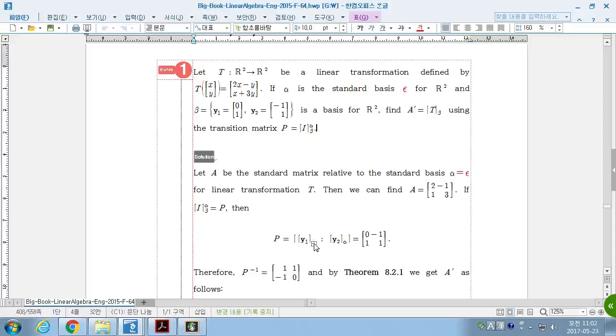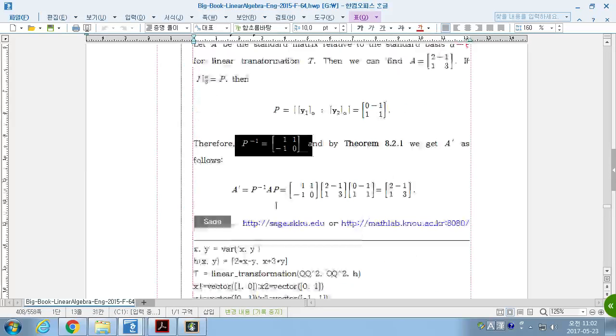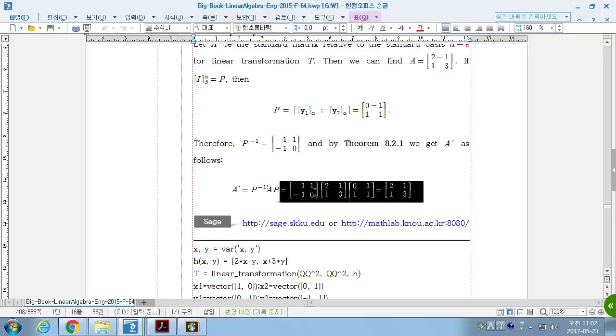Since alpha is the standard basis, y1 is just going to be the first column of P. Then the coordinate vector of y2 in terms of the standard basis alpha should be just -1 and 1. So the P matrix can be easily found from these two in terms of the standard basis. Then P inverse can be easily found. Then P inverse AP gives us this.